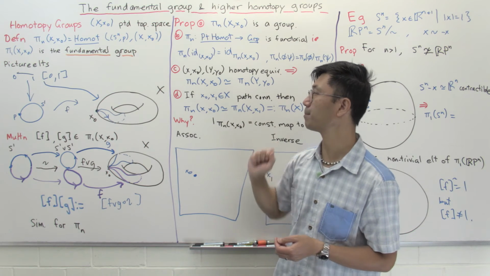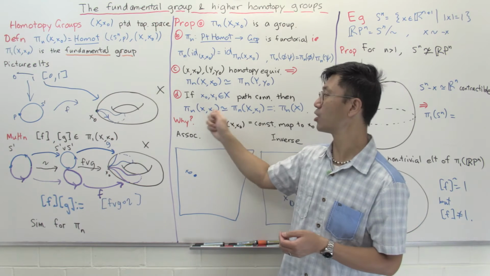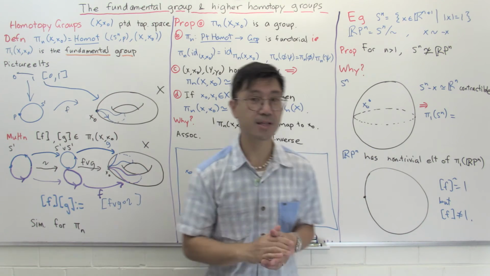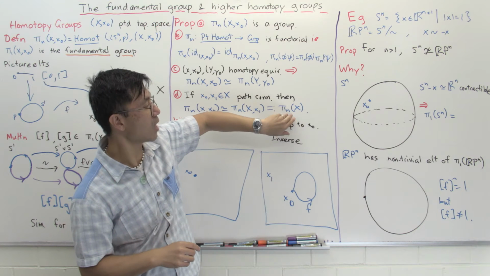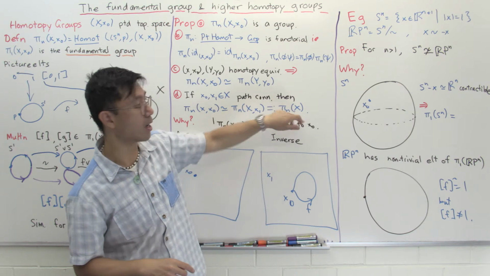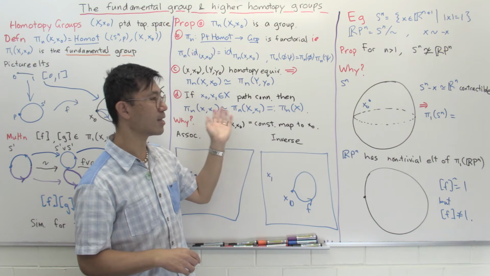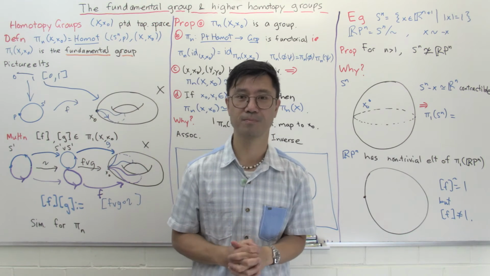Now, if there's a path connecting x0 and x1, then it turns out that these two higher homotopy groups are actually isomorphic. It's a little bit dangerous, so you have to be careful. But commonly, we just define this to be the homotopy group of X, with the proviso that you have to be clear that this is only an isomorphism, so it's not defined canonically.